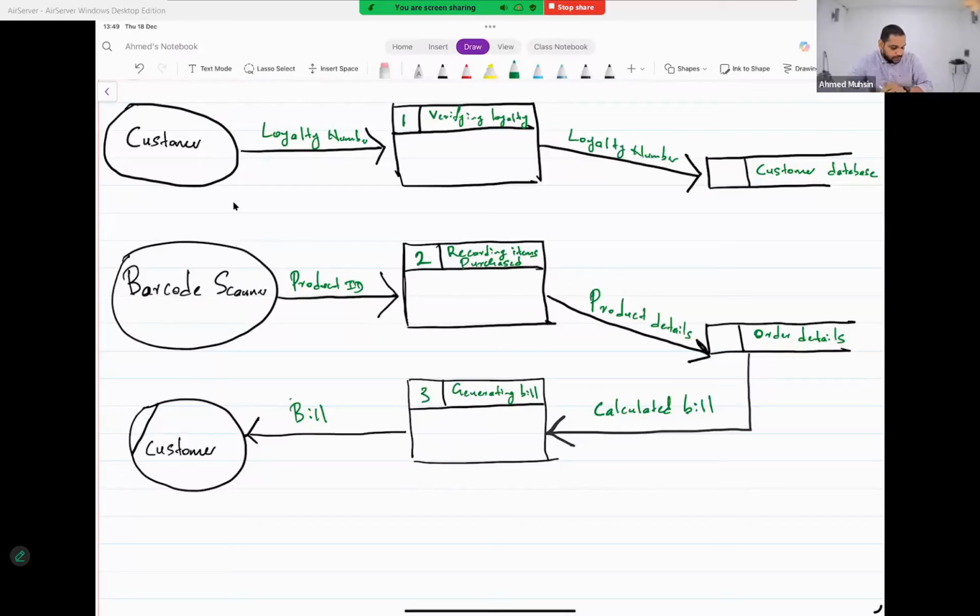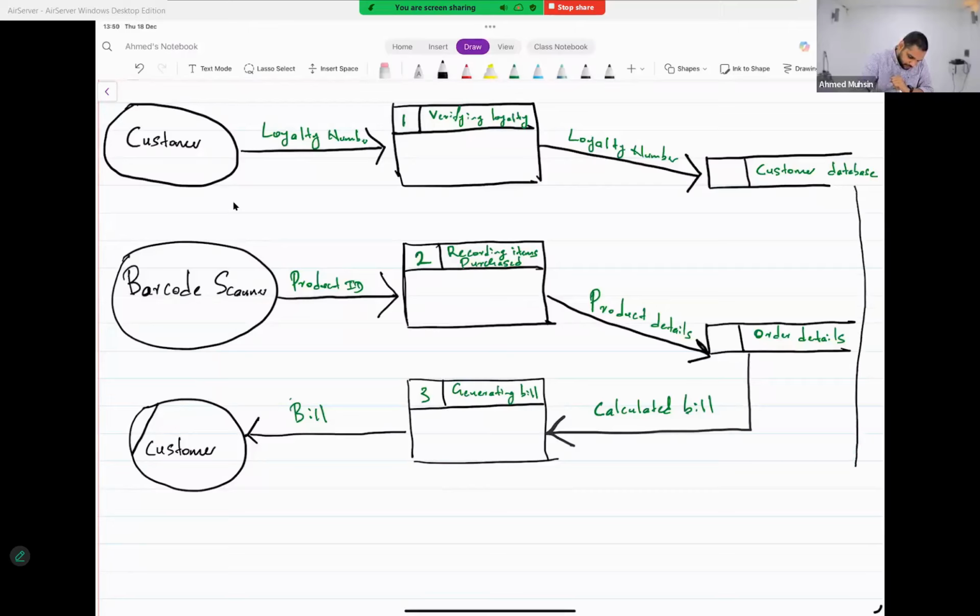The customer database needs to be connected to which process? Generating of bill. In the bill you will mention how many points they have earned, isn't it? So this is a problem. Our diagram is going to be a bit messed up, so I will have to take a line like this.